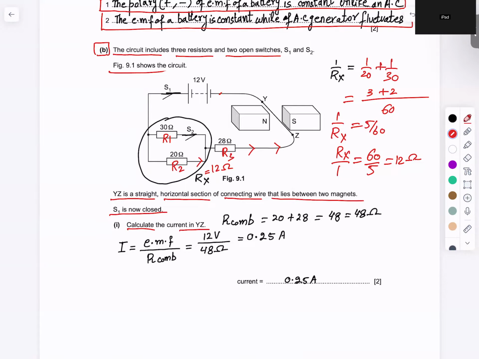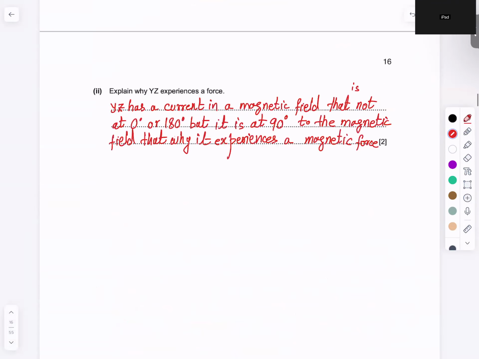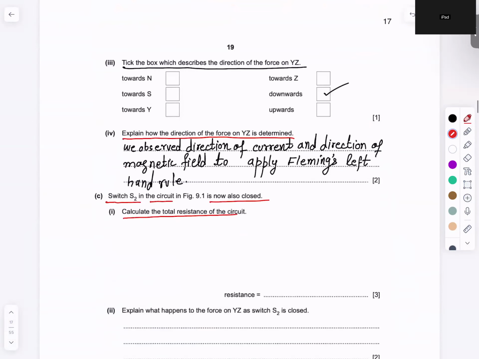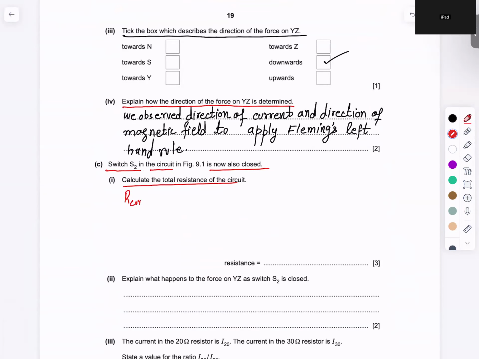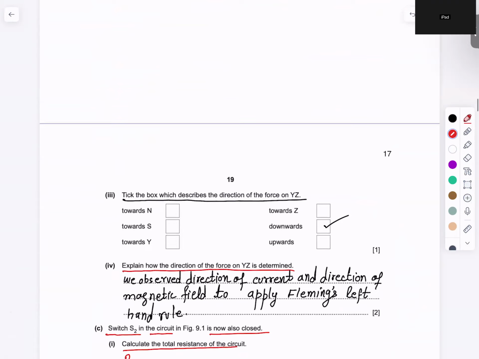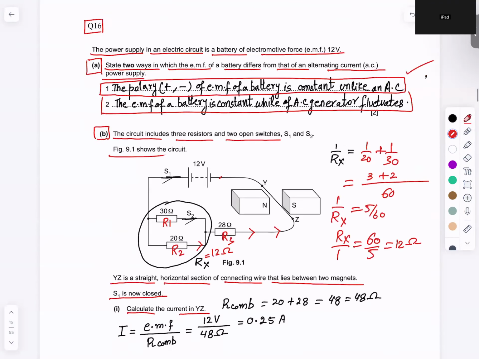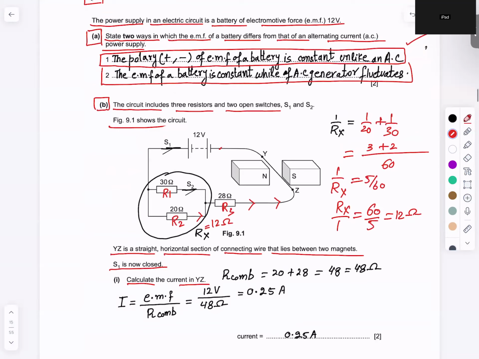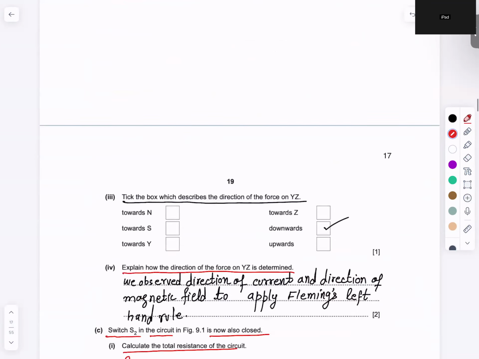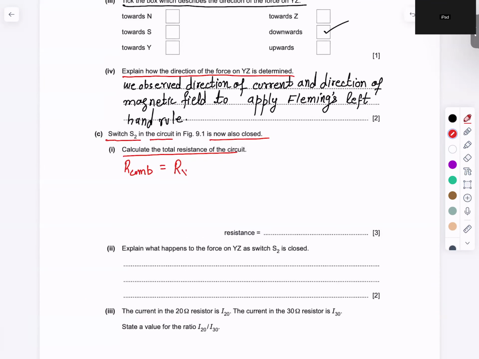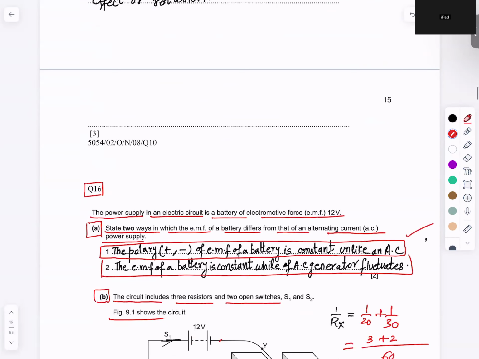R3 and Rx are now in series, so R total is equal to Rx plus R3.